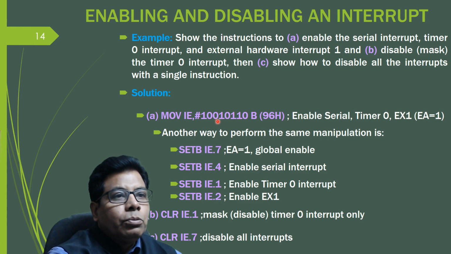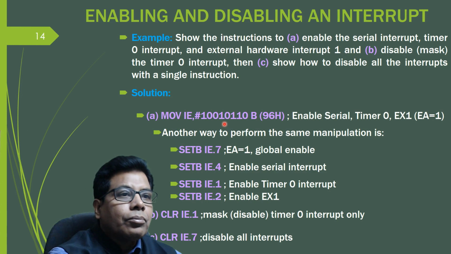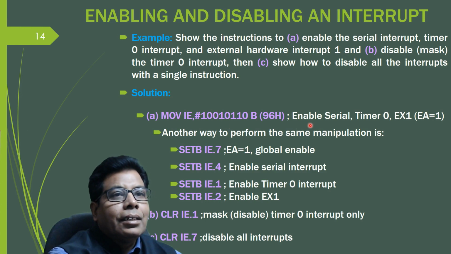Then the next 2 bits are not used. Then we have to enable serial, timer 0 and external 1. So accordingly this bit is 1, then these 2 bits are 1, and the other bits we make 0.